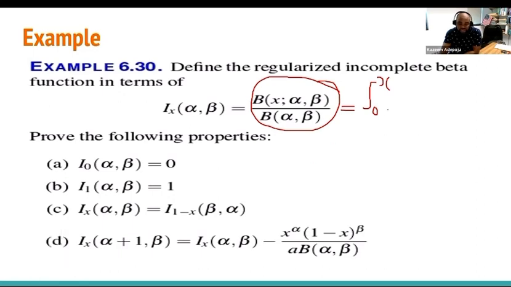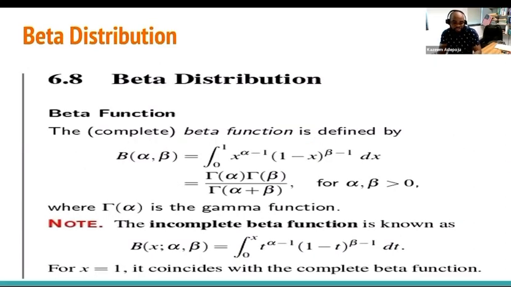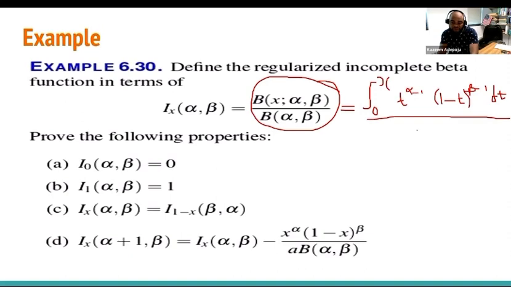So here I'm going to write t to the alpha minus 1, (1 minus t) to the beta minus 1, dt. If I take you back to what we did the other time, you can see it's right here, right? The denominator is going to be all of that, except that it's going to be complete. It's going to terminate at 1, and I'm going to have (1 minus t) raised to power beta minus 1, dt.